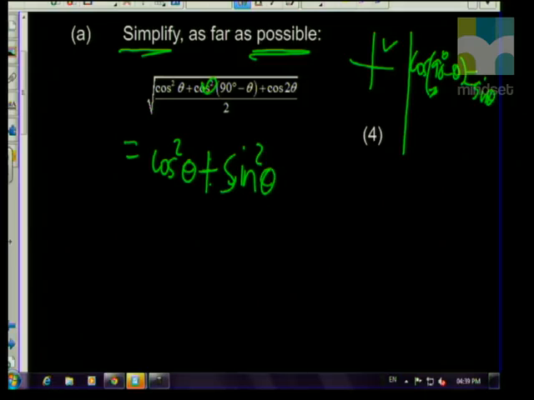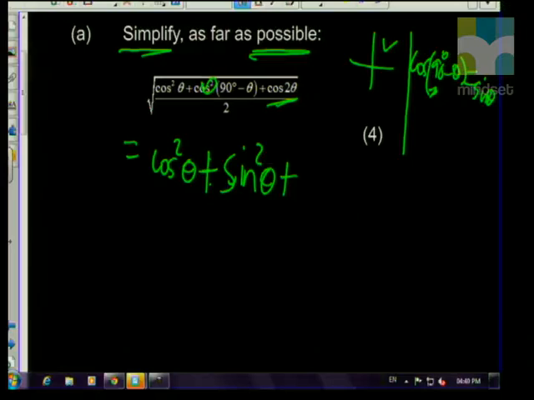squared theta plus. Now, guys, mind you, we said in the beginning of the lesson that with your double angle identities, you must make sure that you keep them here. So you've got your sine 2 theta. Sine 2 theta is 2 sine theta cos theta. And your cos 2 theta, you've got three options.